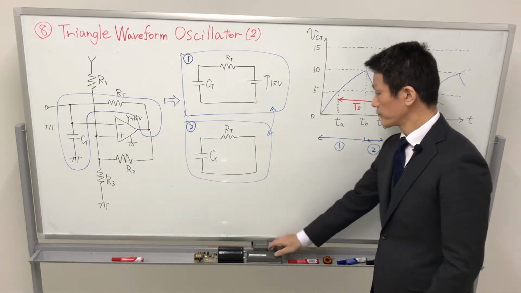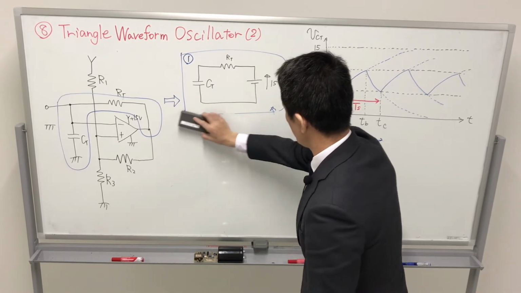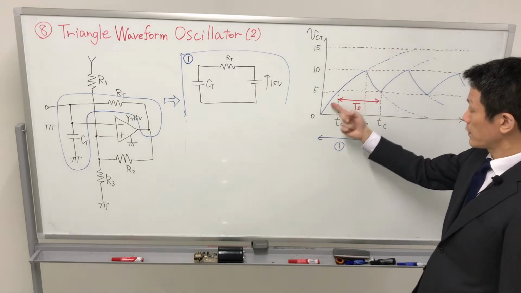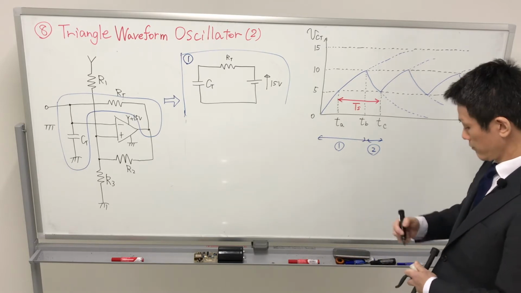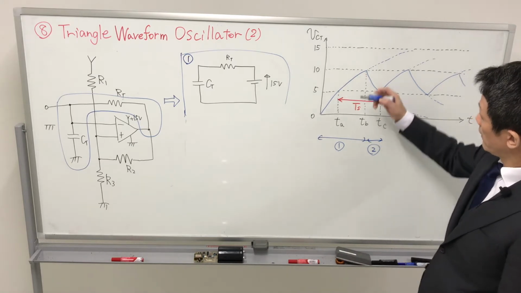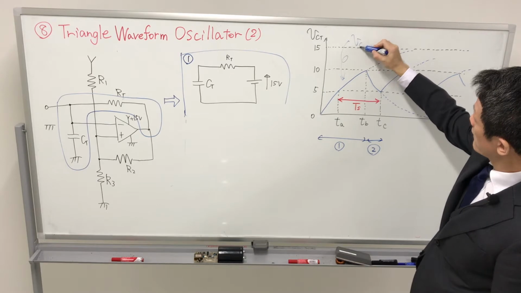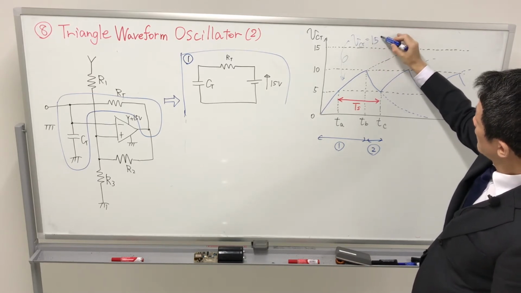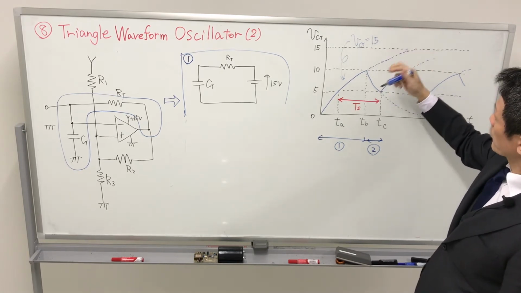let's analyze this term. In this case, with this formula, we can obtain VCT equal to, including this dotted line.